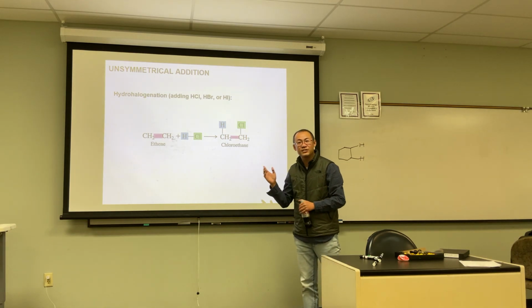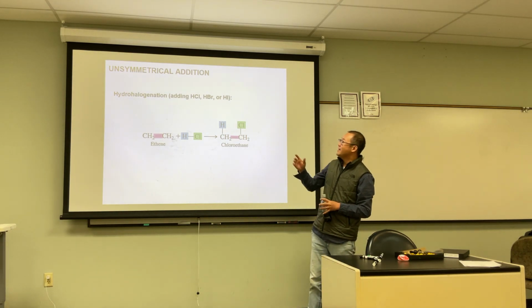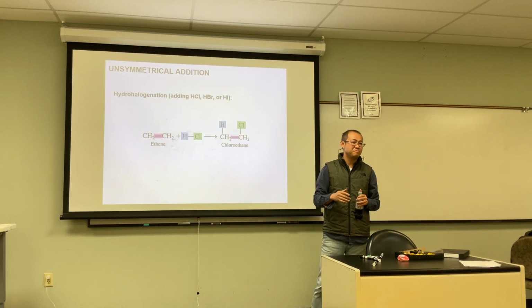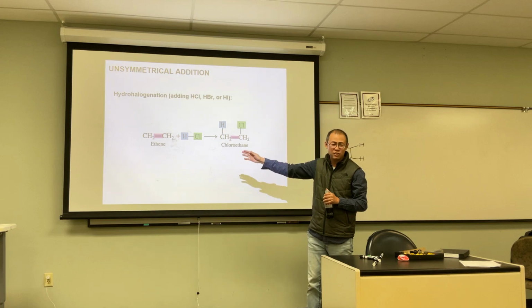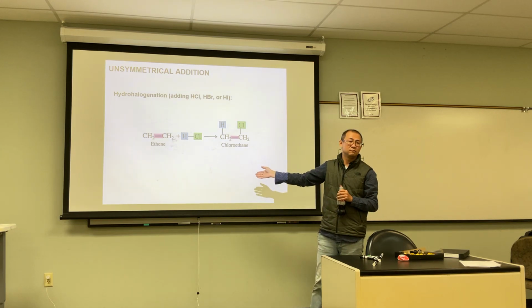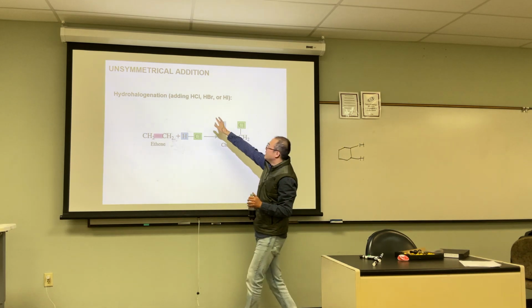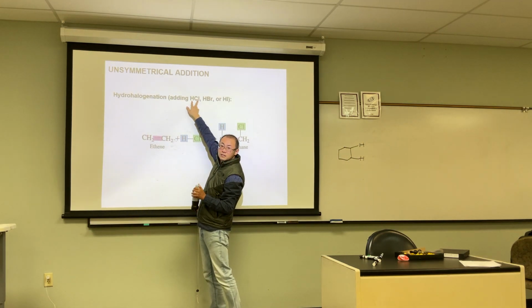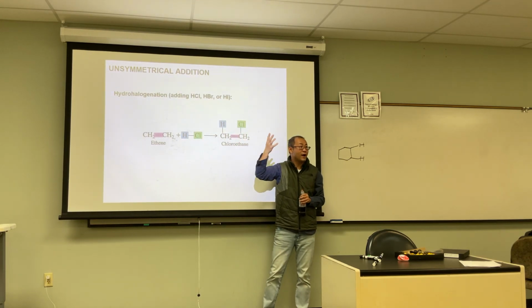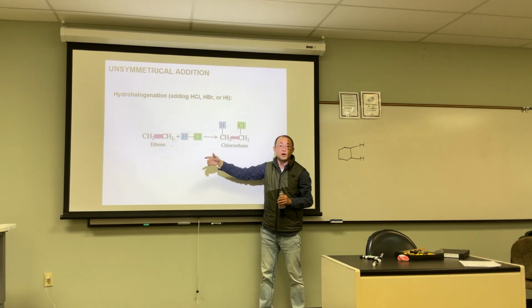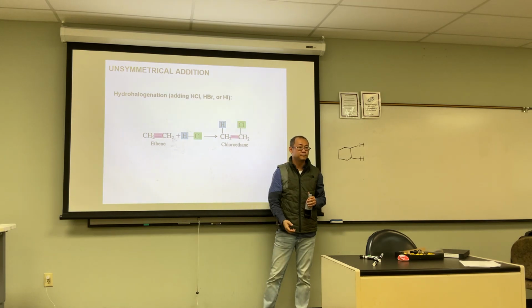But now, in the third addition reaction, we call that hydrohalogenation, meaning you're adding HCl, HBr, HI. What's different here is that A and B are now two different atoms, right? One is hydrogen, another one is chlorine or bromine or iodine.